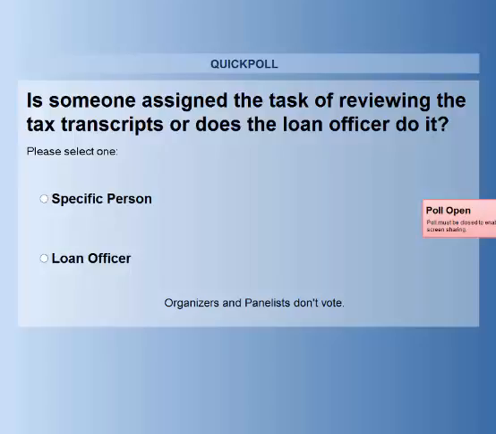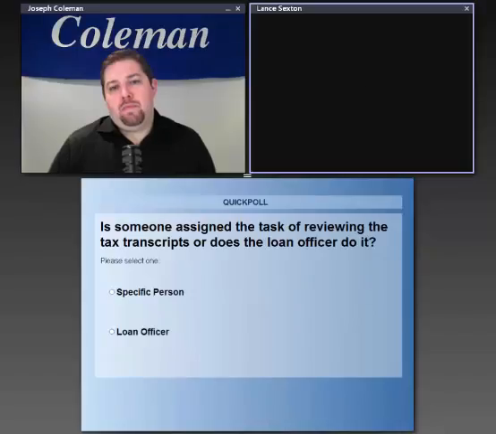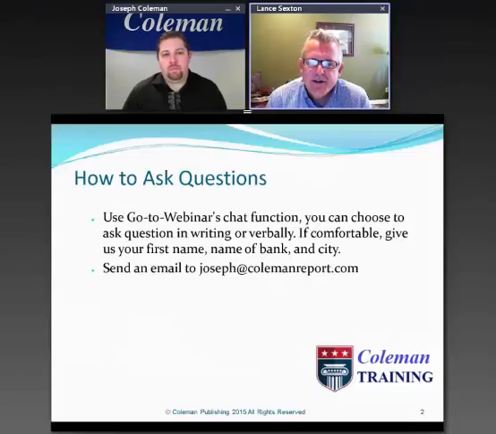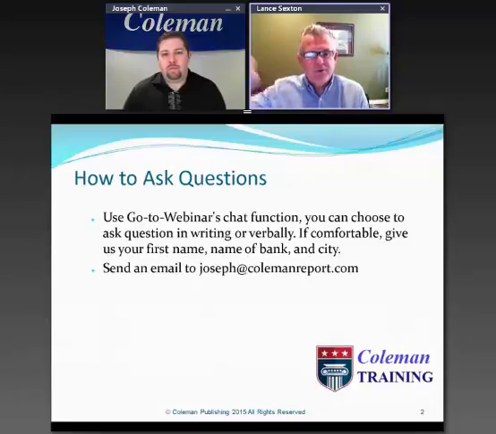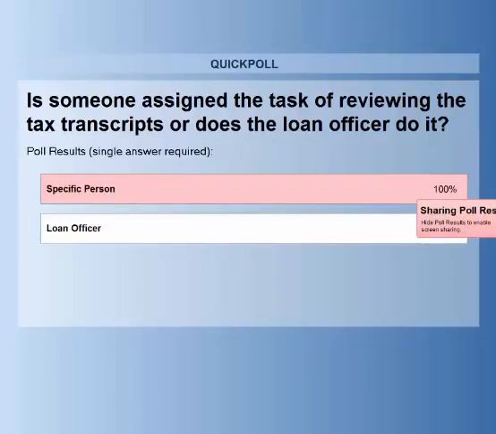But it's very important to take those transcripts, compare them to the tax returns that you received during the loan origination process, and see if there are any variances. And Joseph, I just go through and check, and I'll sign it and date it and just say there are no variances. But it's important for you to take care of that. Yeah, and a specific person is assigned to each of those.